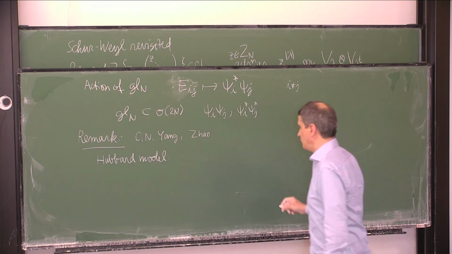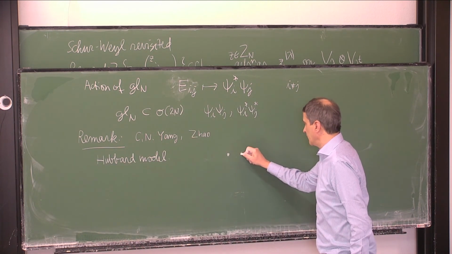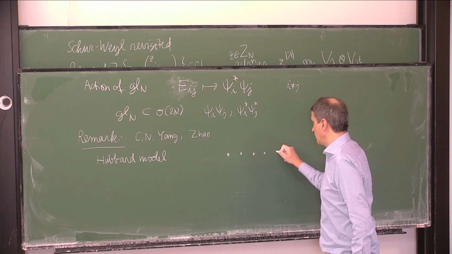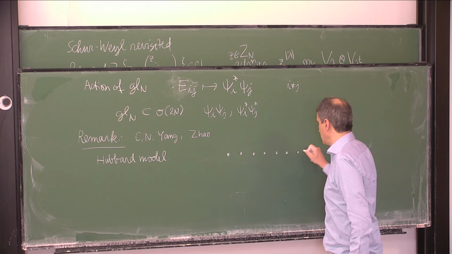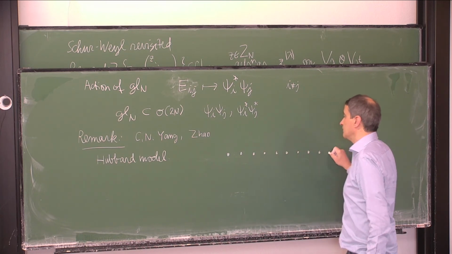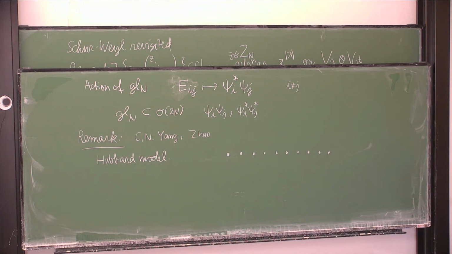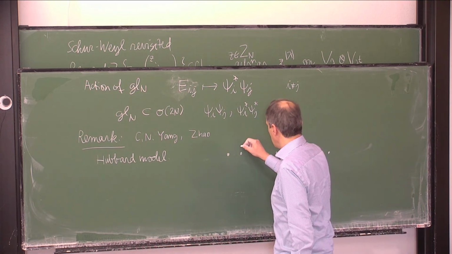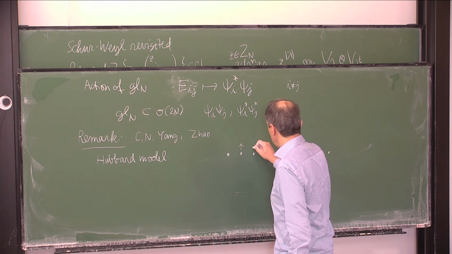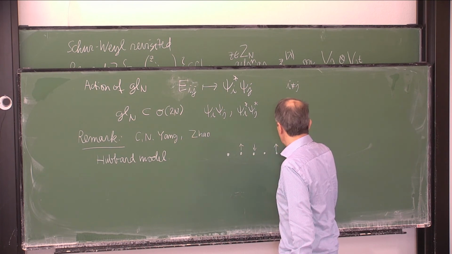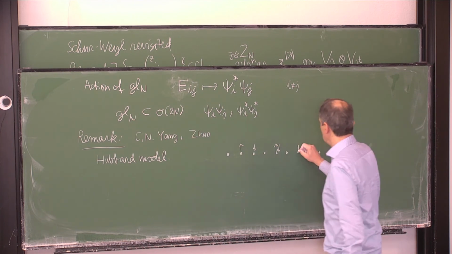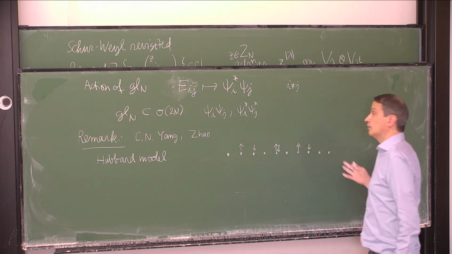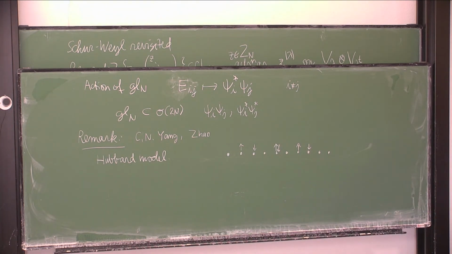So there, the physical model is you have some lattice. They consider a higher dimensional lattice, 3-dimensional. We do it in 1 dimension. Suppose that on each lattice site you have a fermion, which can have spin up or spin down, or some sites can be empty.